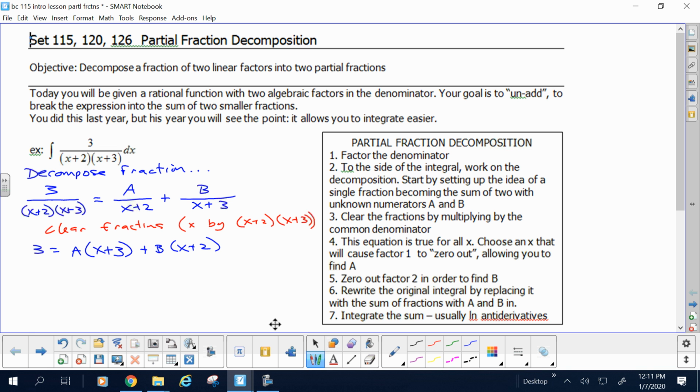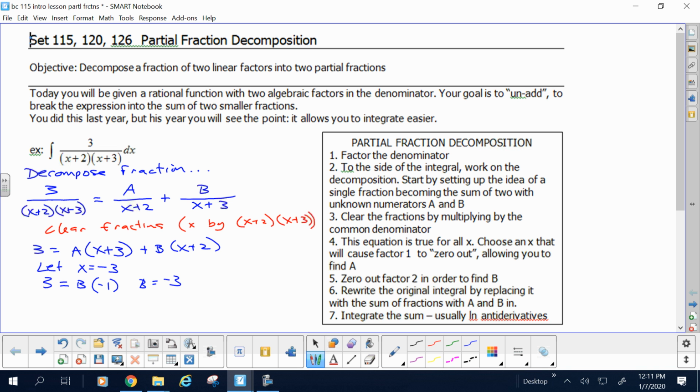Not 0. Let x equal -3. Now, if x is -3, then your life is just made a heck of a lot easier because now the equation becomes 3 equals B times -1, and that tells you that B has to be -3, yeah?